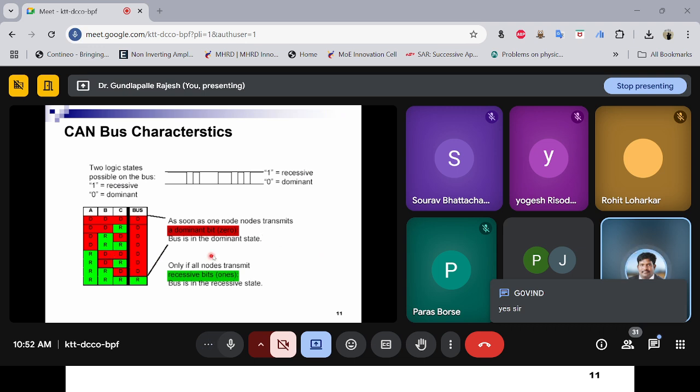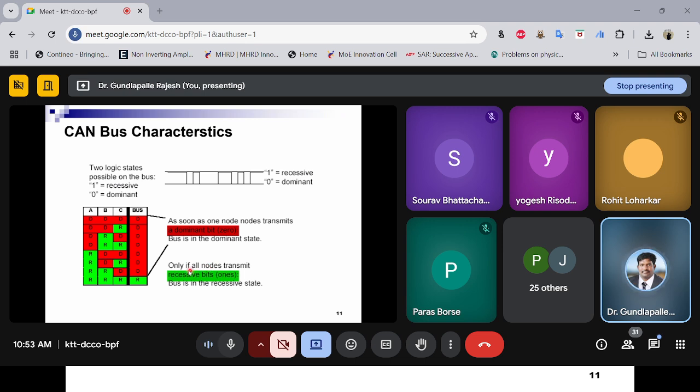Now, as soon as one node transmits a dominant 0, or recursive dominant zeros or dominant 1 will be sent. This dominant 1 is said to be recessive 1. As soon as one node transmits a dominant 0, the bus is in dominant state, in the sense that it will be passive all the time.